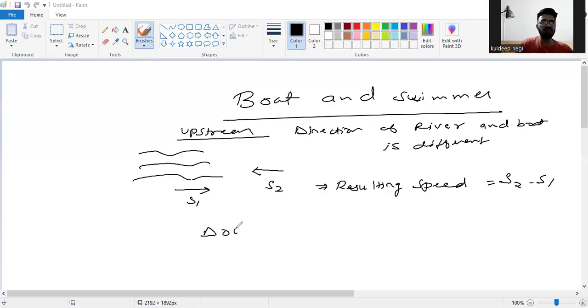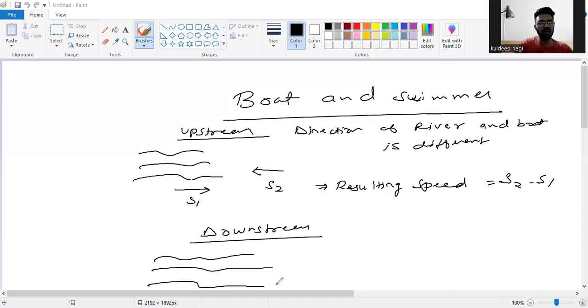In case of downstream, the direction of both the river and the boat is in the same direction. So in this case, the resulting speed is equal to S1 plus S2.